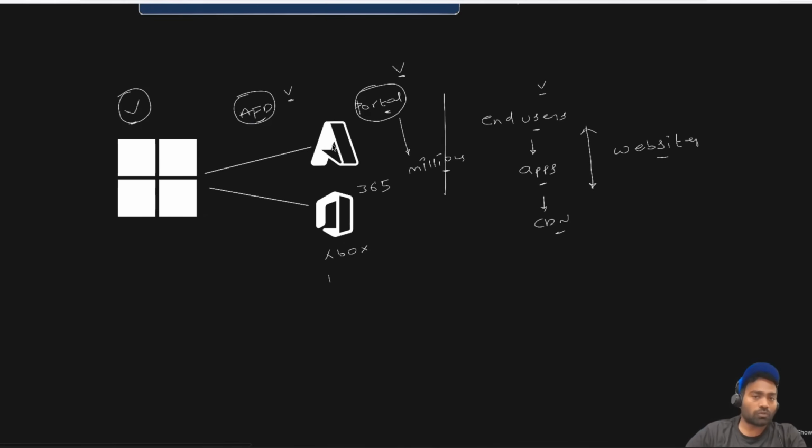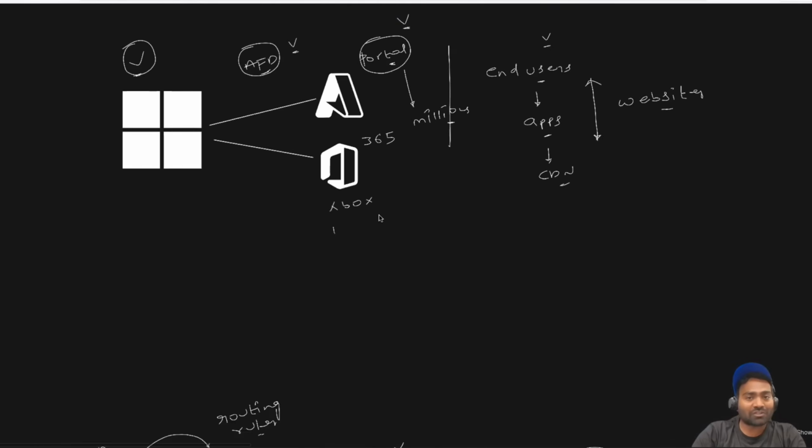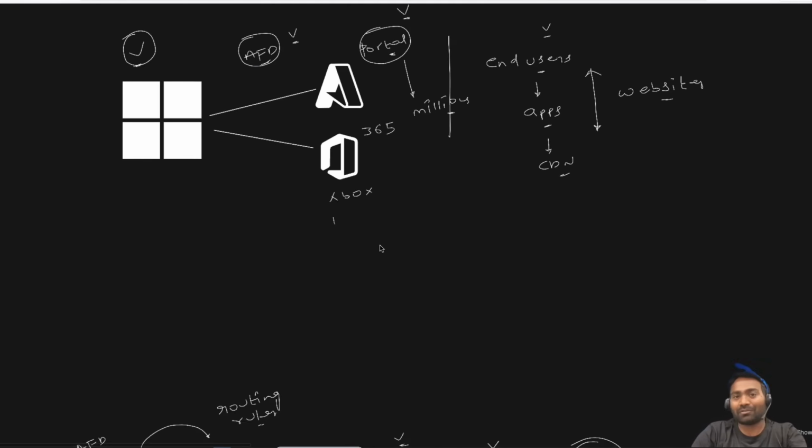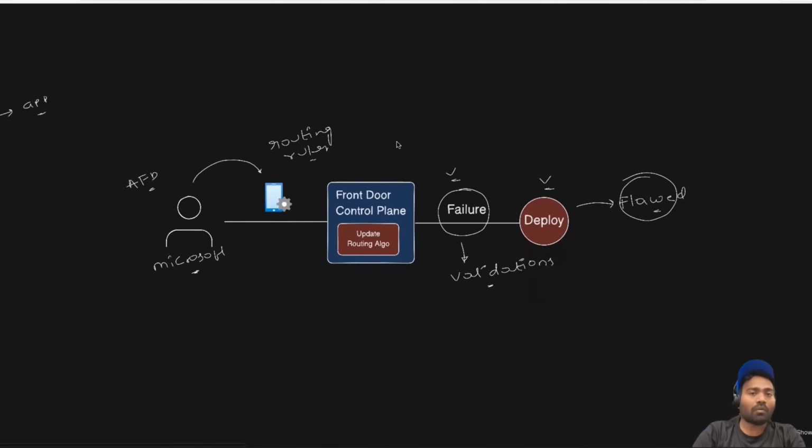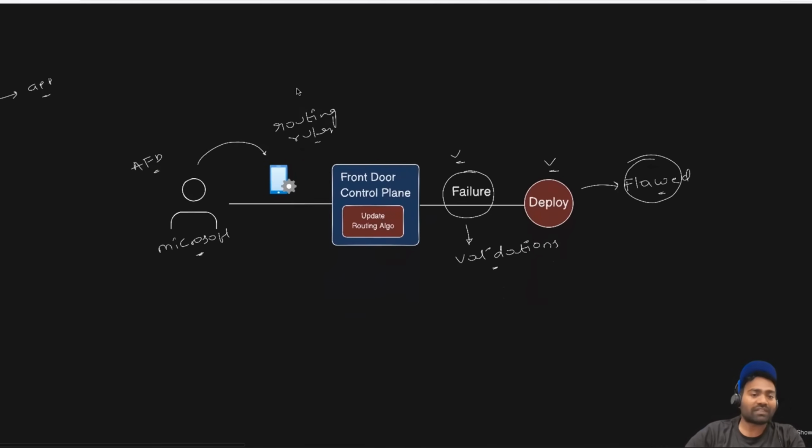And if the portal goes down, everybody who is using the Azure Portal for their day-to-day activities is completely blocked. And all of this happened because of a simple routing rule change. This change is said to be a very, very simple one, but unfortunately, because the security checks were bypassed and the flawed configuration was deployed, the control tower, which is AFD, stopped working.